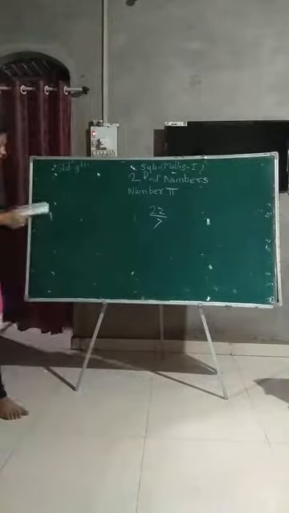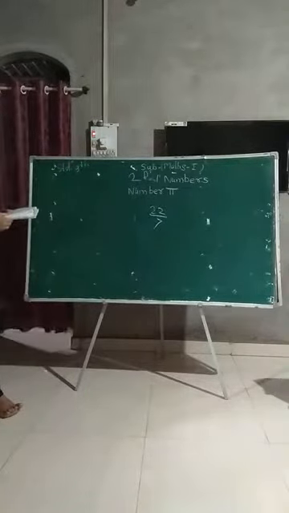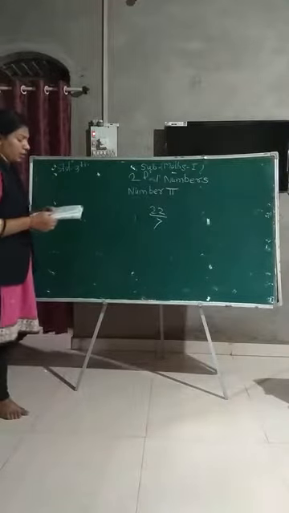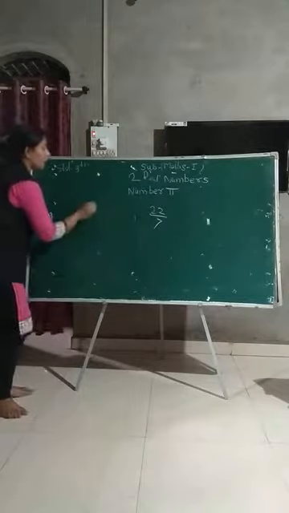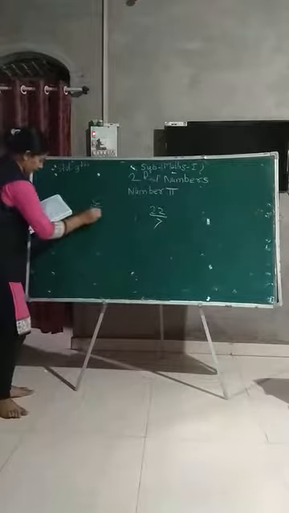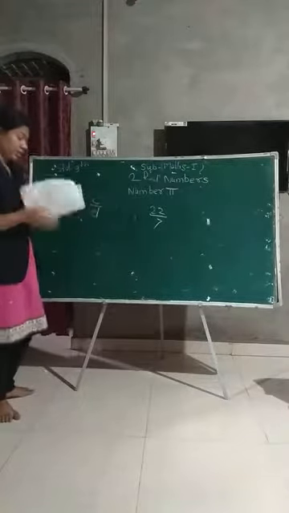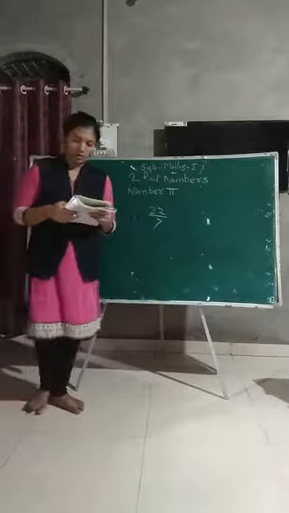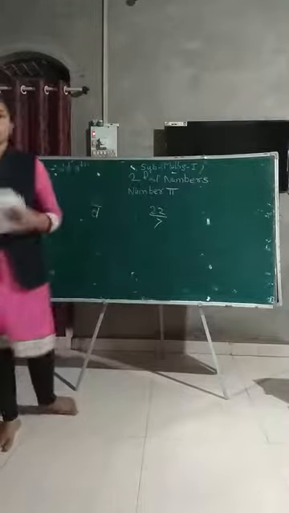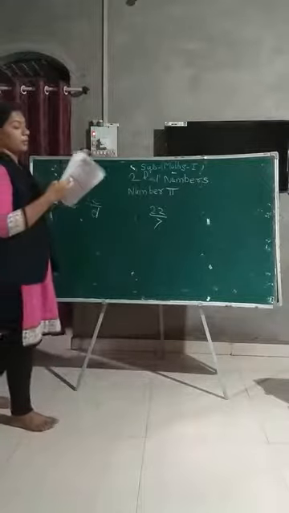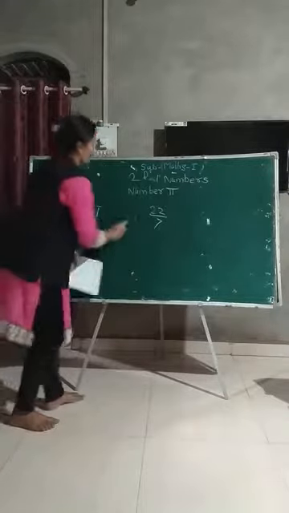Now we see the ratio of the circumference of the circle to its diameter, that is C upon D, is a constant number, which is irrational. This constant number is represented by the symbol pi.